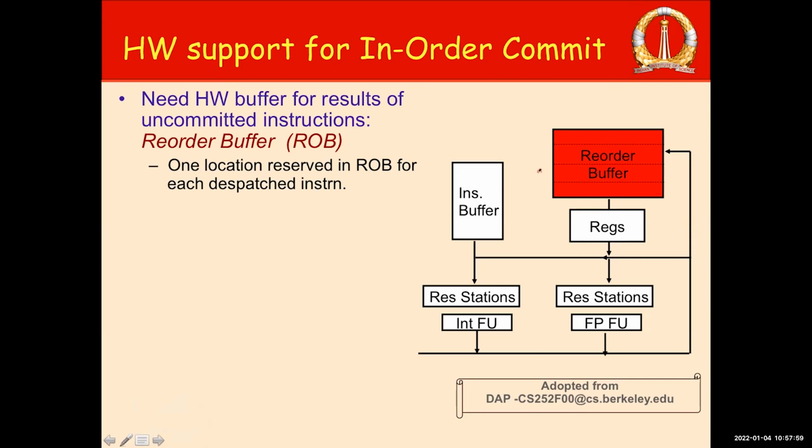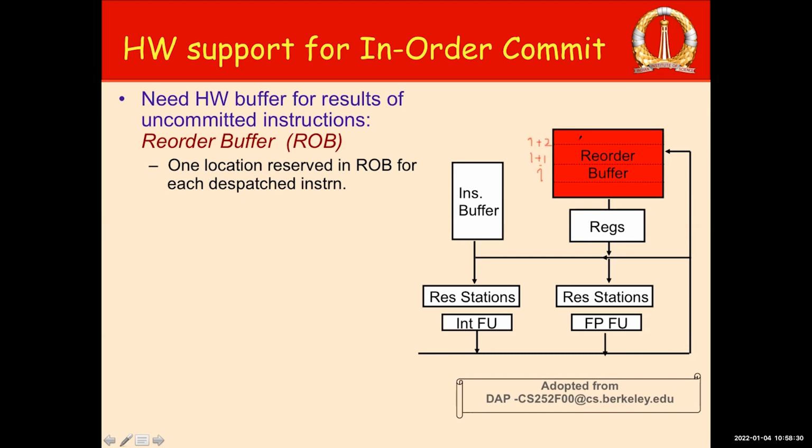This is the ith instruction. This will be the i plus 1th instruction. When the instructions are dispatched, these locations are reserved. When the ith instruction is dispatched, that particular location is reserved. When the i plus 1th instruction is dispatched, this location is reserved for that. When the i plus 2nd instruction is dispatched, this location is reserved for that, and so on.